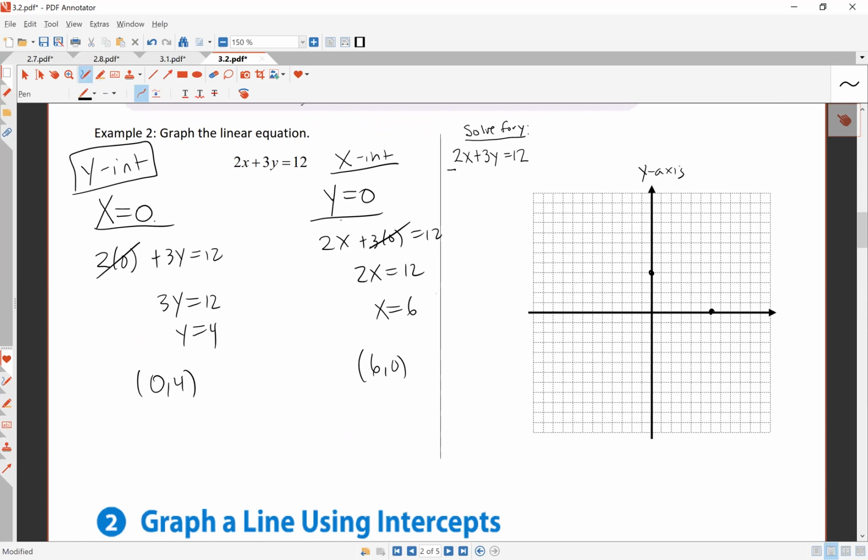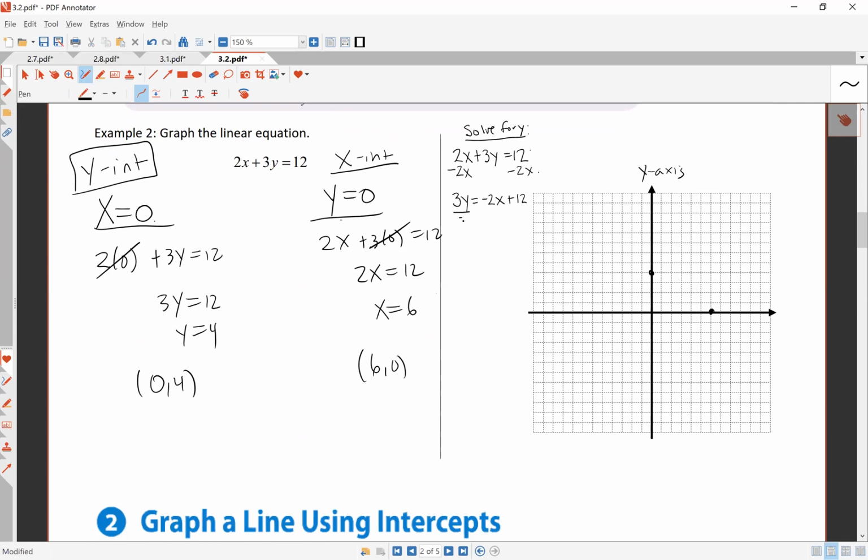We want to undo this adding 2x to the 3y, so we subtract 2x from both sides. 12 and minus 2x are not like terms, so we just add them: negative 2x plus 12.